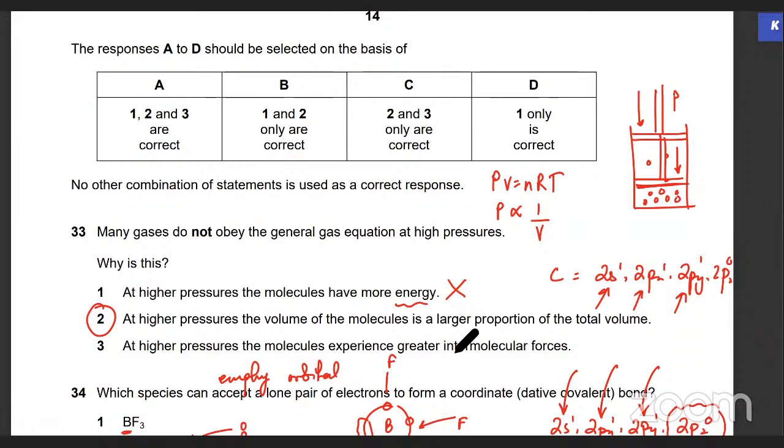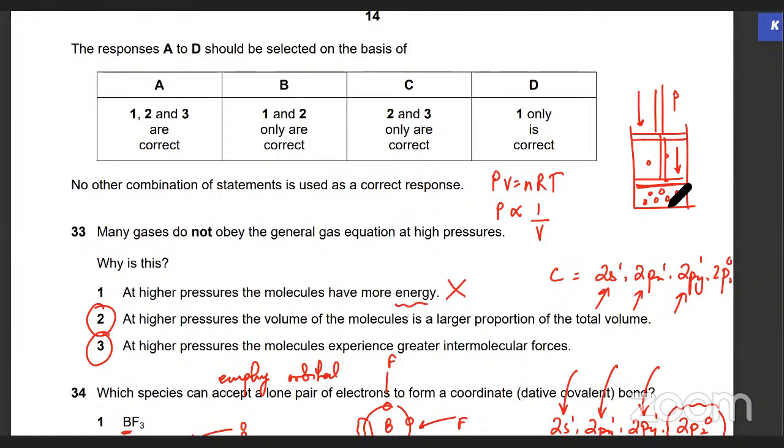At high pressure, the molecules experience greater intermolecular forces as well. And that is also true. Remember, if molecules become close to each other, then they will stop behaving as a gas because the intermolecular forces would become really large, and they will start attracting each other, and they will liquefy.